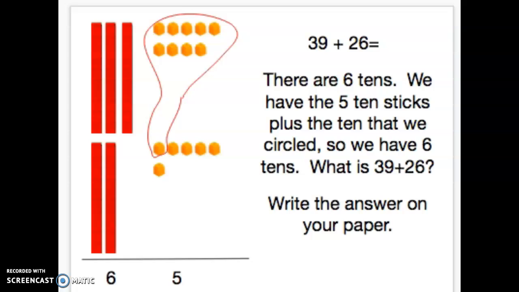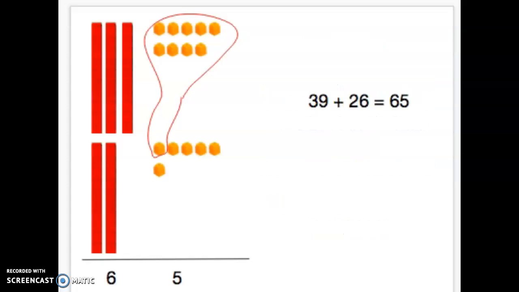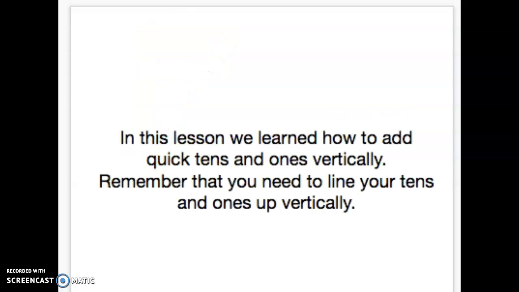Write the answer on your paper. 39 plus 26 equals 65. In this lesson, we learned how to add quick tens and ones vertically. Remember that you need to line your tens and ones up vertically.